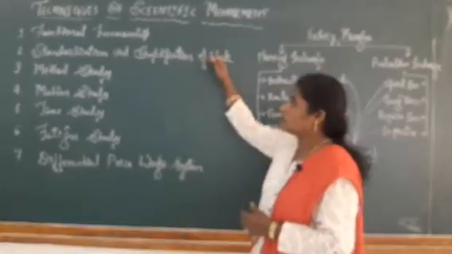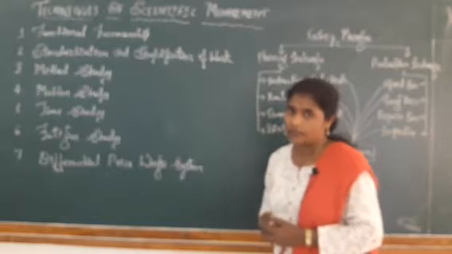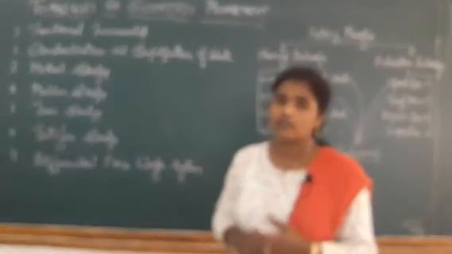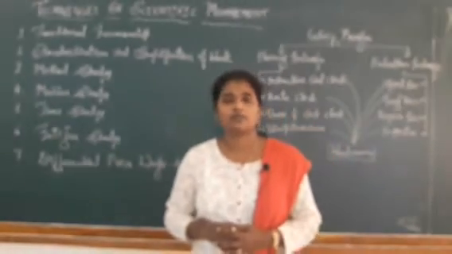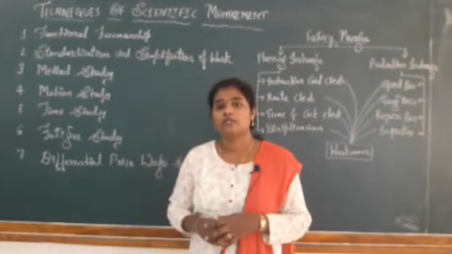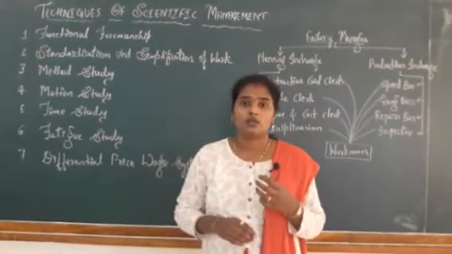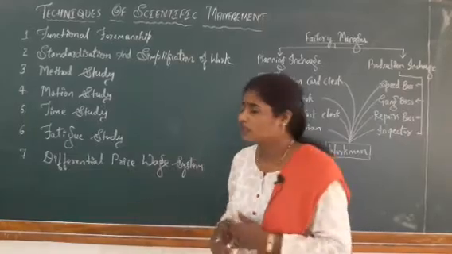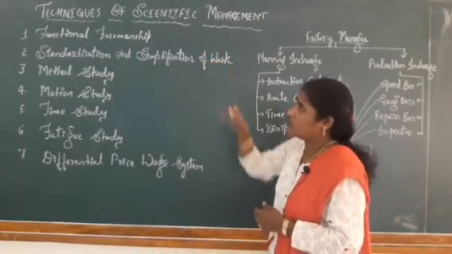Here the first one is functional foremanship. In the principles of scientific management, in the first principle we studied the rule of thumb. Okay. So, let us see what functional foremanship says.